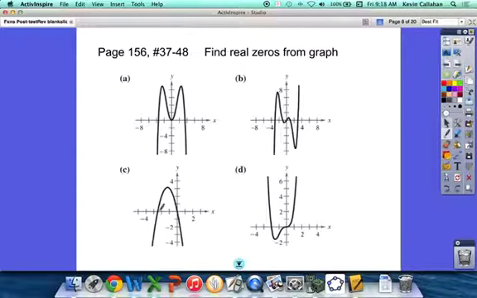Looks like we're at negative 2.5 and 0. So the main thing you're being asked is, can you look at a graph and do you know that the zeros are these points? Right? That's all you have to do.